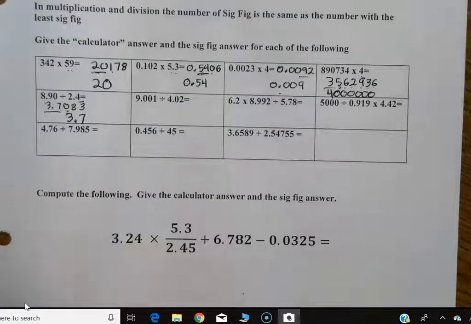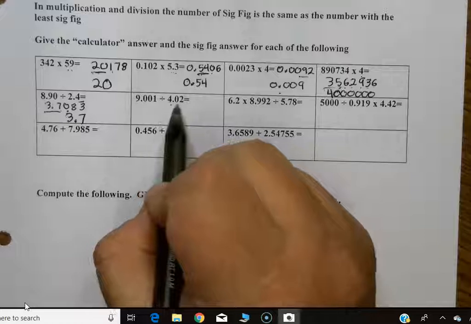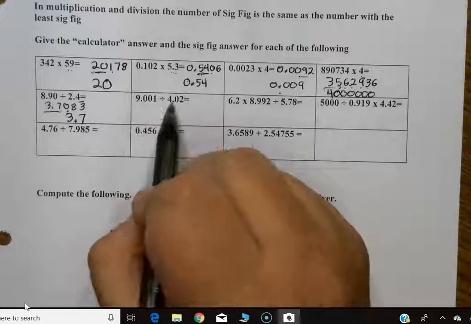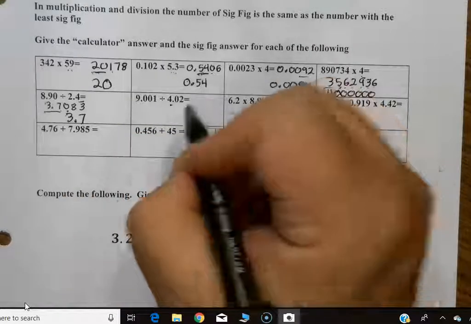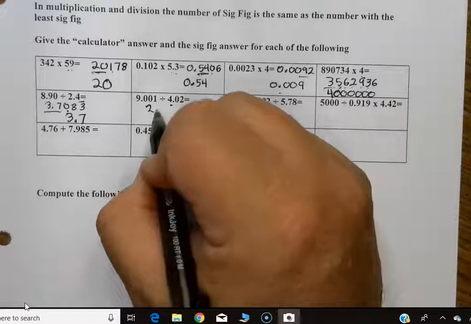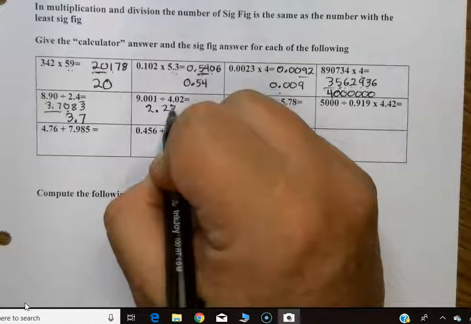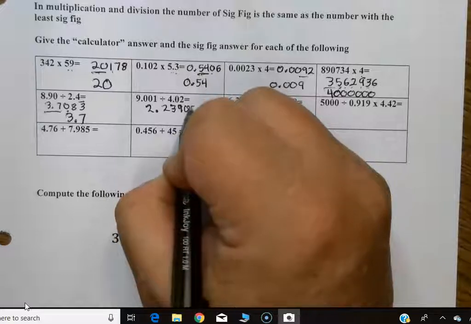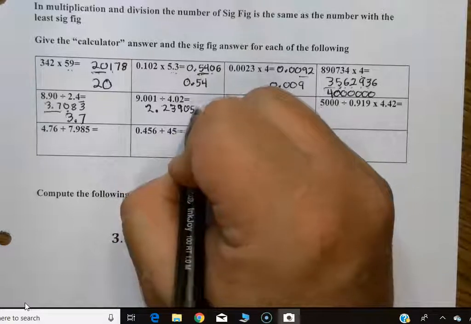Next one, 9.001 divided by 4.02. Okay, and there's 3 significant figures is the least number. That's 4 significant figures. That's 3 significant figures. So our answer is 2.2390. And you really don't have to write this whole thing out here.